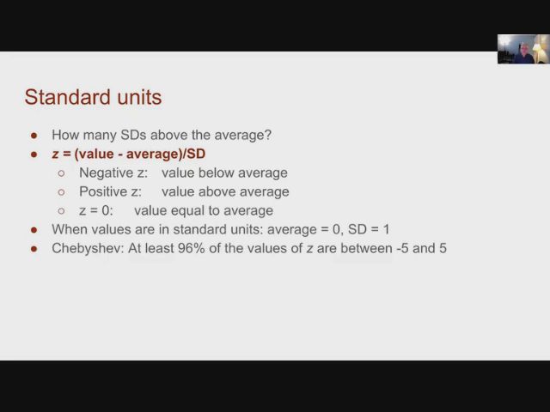When we move to standard units, we know that 96% of the data is going to be between z values of -5 and +5, because these numbers represent how many standard deviations we are away from the mean, and in standard units the mean is now 0.